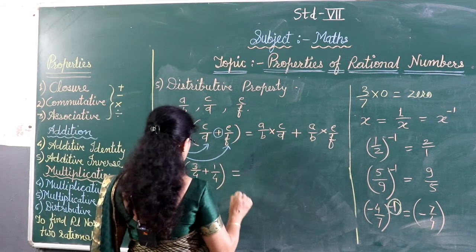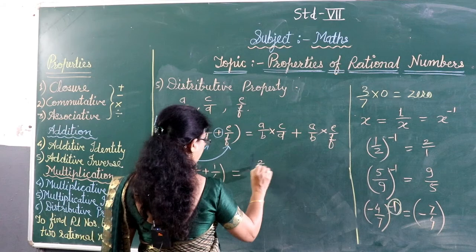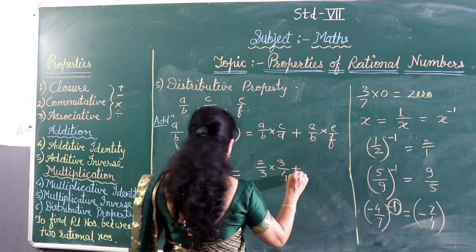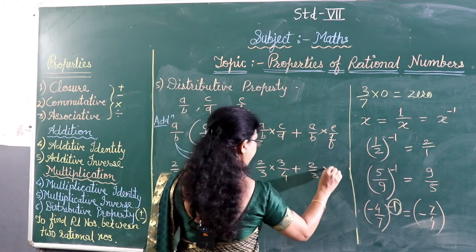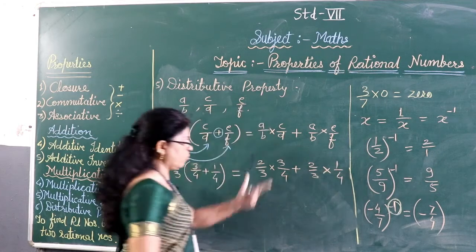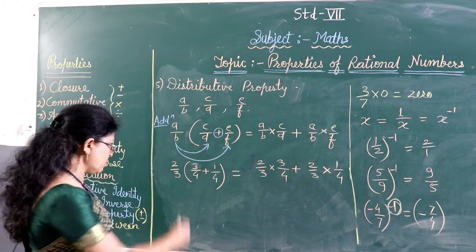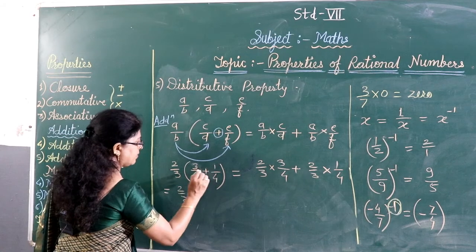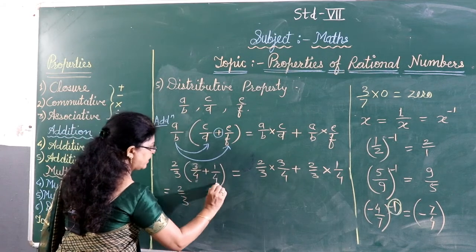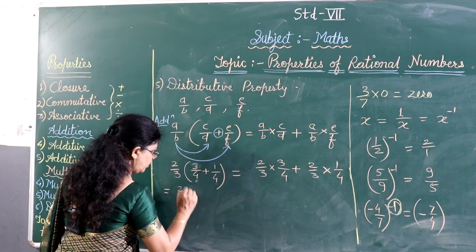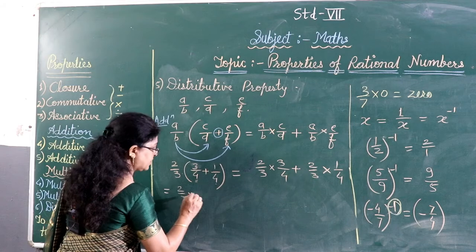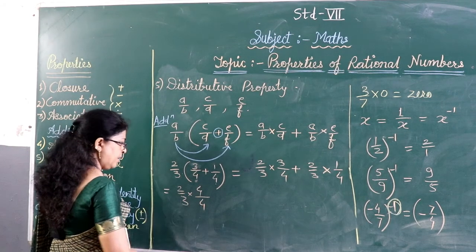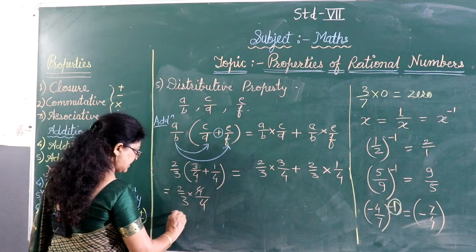Is equal to 2 by 3 into 3 by 4 plus 2 by 3 into 1 upon 4, according to this pattern. Now solve. 2 by 3 outside, what is 3 plus 1? 4, because the denominators are the same. Into, no sign means there is a multiplication sign. 4 in the denominator once, 4 by 4. You can cut 4 by 4 and the answer remains 2 by 3.